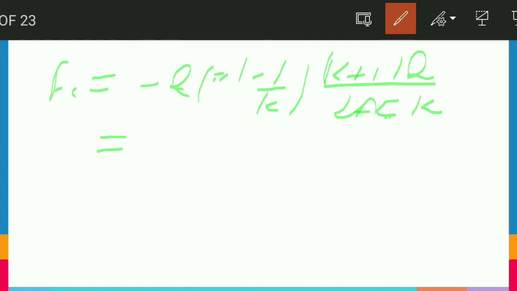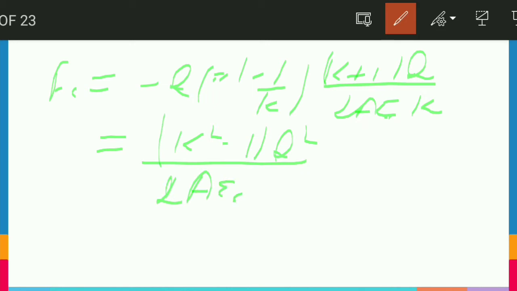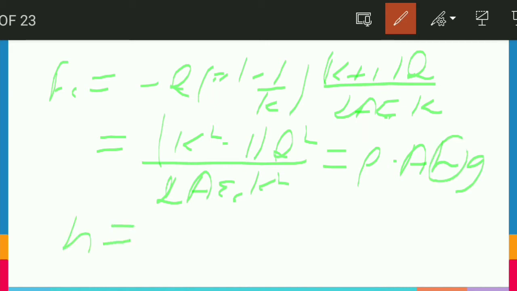It will come to (k square minus 1) q square upon 2A epsilon naught k square, and it should be equal to mg. For mg, we can write m equals rho into volume. So rho into volume, that is, A area into h into g. From here we will get h, which will come out as how much?